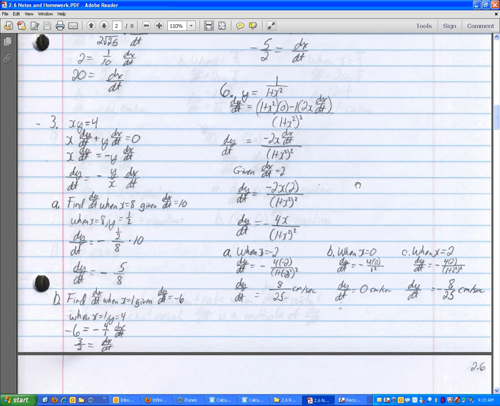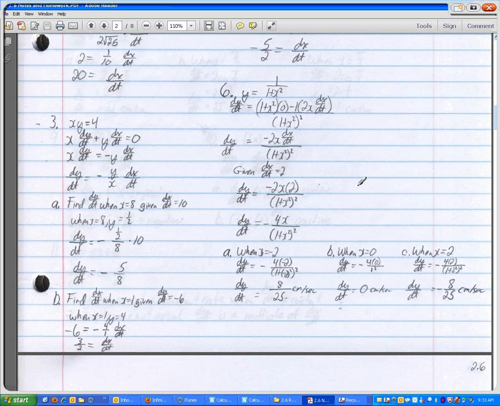So dy dt equals, and then look what I have to do on the right side. I have to use the quotient rule, don't I? So that's the bottom, 1 plus x squared, times the derivative of the top. Well, the derivative of 1 is 0. Woohoo, that simplifies quite well when you multiply by 0. Minus the top, 1, times the derivative of the bottom.